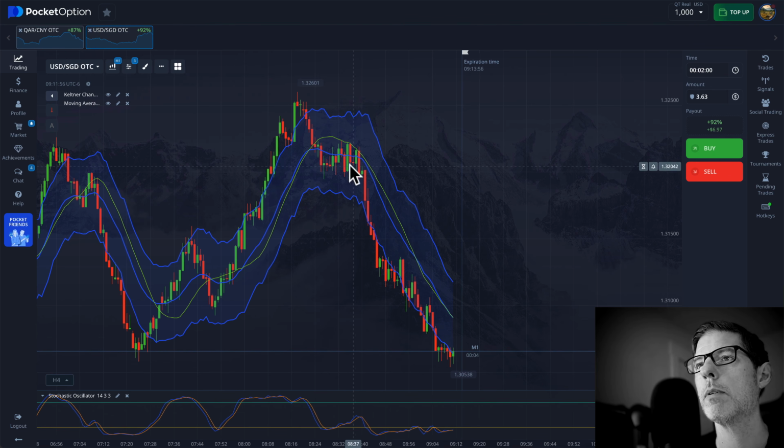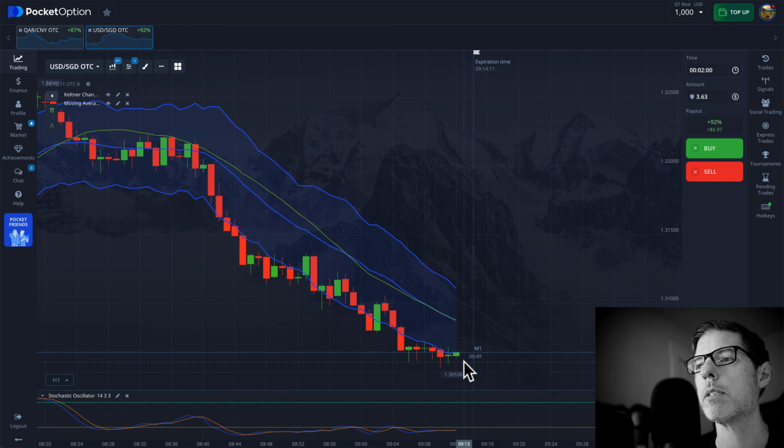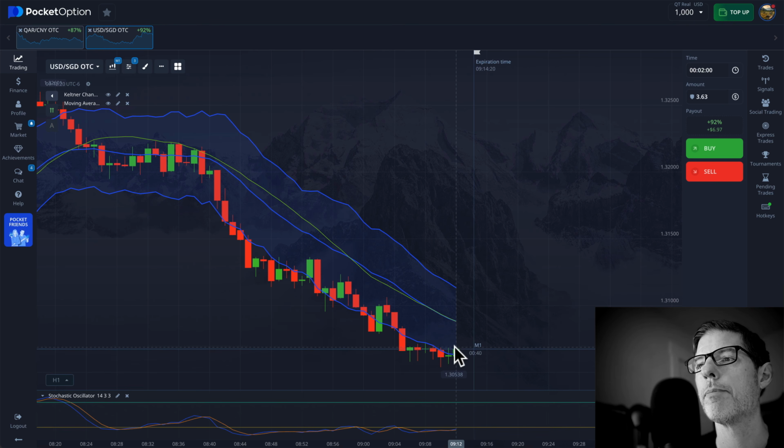But look at this big downward swoop here. It came up and then just dumped all the way down, leaving a clear channel on one side of the Keltner channel, but it's kind of slowed down. We're going to have to wait for that to really pull back. But see, guys, the price is just not moving a lot. It's just kind of creeping up, so it may come close to that.